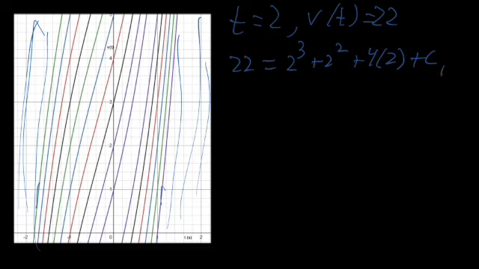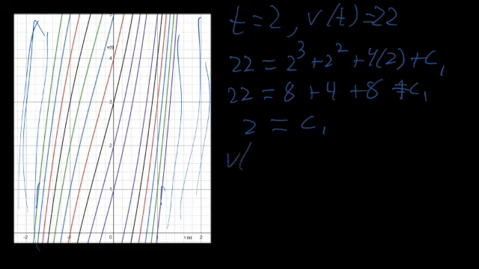Solving this, we get 22 equals 8 plus 4 plus 8 plus c1, so 22 equals 20 plus c1, and 2 equals c1. So that is our initial condition. The velocity function with respect to t is t cubed plus t squared plus 4t plus 2.